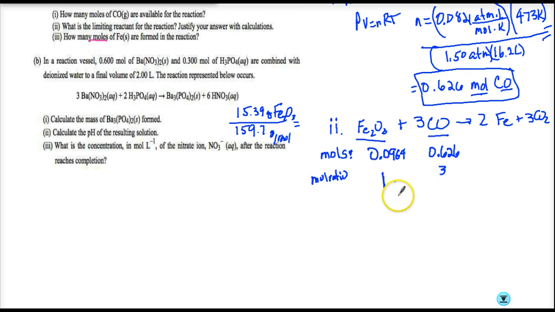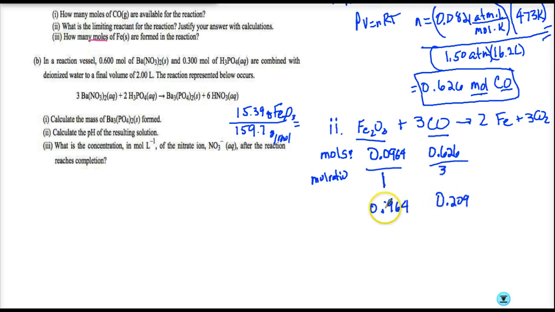So now, for just this step, I want you to divide your moles by your mole ratio, and you're going to come up with a number that's going to tell you who runs out first. So if I do this, then I come up with 0.0964, and this one is going to give me something like 0.209.